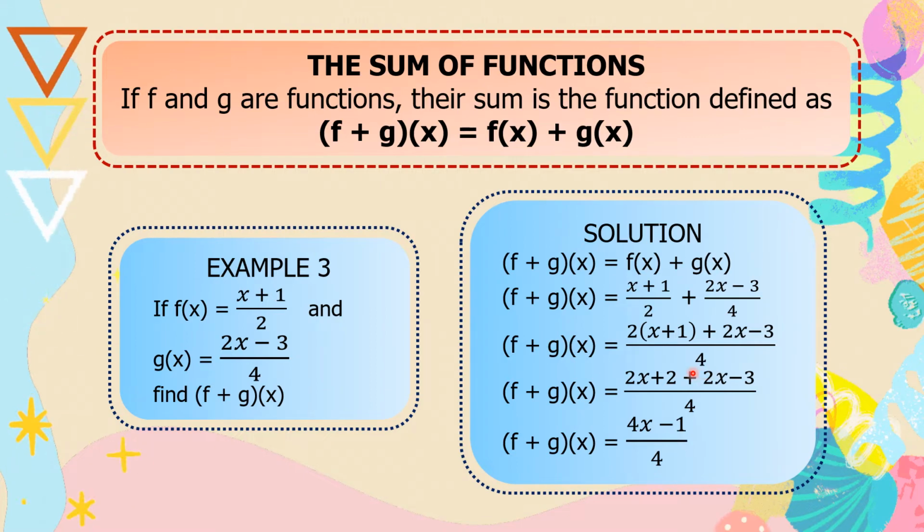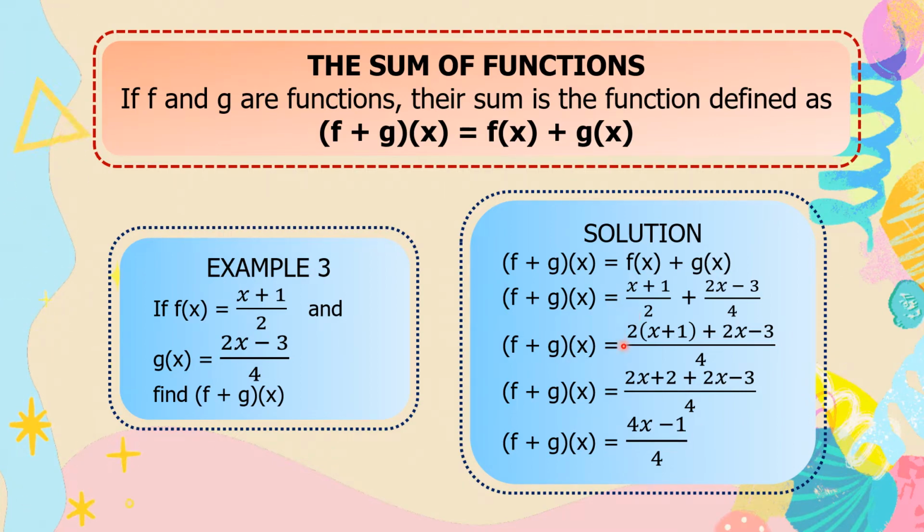So, pag meron na tayong LCD, ay yung LCD i-divide natin dun sa denominator, then i-times natin yung sagot sa numerator. So, LCD which is 4, 4 divided by yung denominator nating 2 is equal to 2. Then, yung 2 i-times natin sa numerator.